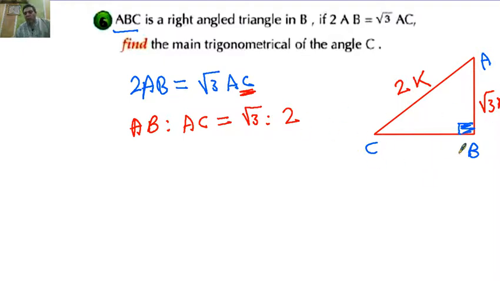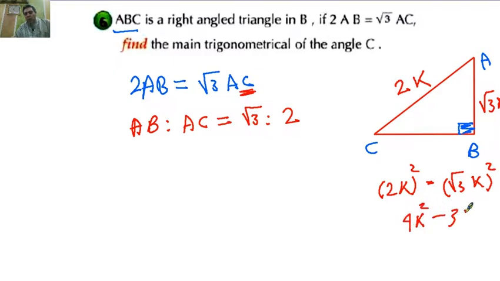To find the length of CB by Pythagoras theorem, CB squared equals 4K squared minus square root 3K squared, which is 4K squared minus 3K squared, equals K squared.